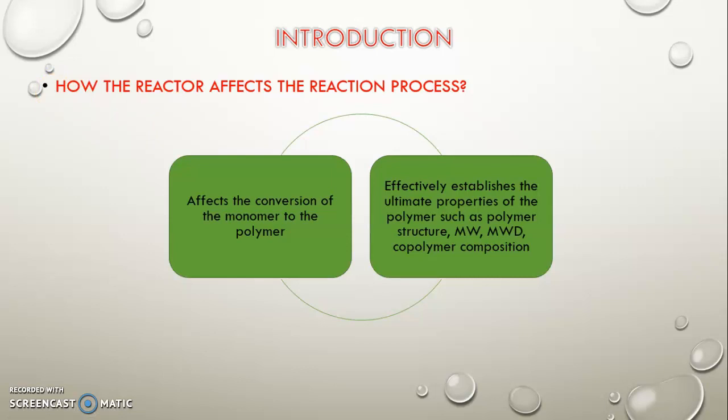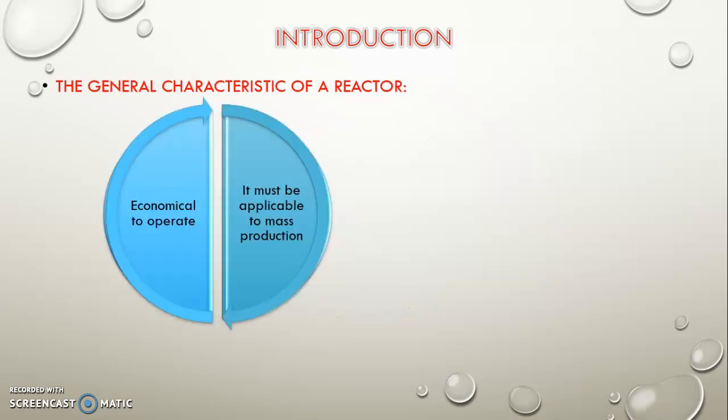So antara 3 ni kita akan tengok yang mana yang paling terbaik yang boleh menghasilkan high conversion ataupun high yield of the polymer. Then reaktor ni juga dia akan effect polymer structure. Okay, sama ada dia punya conformation dari segi tacticity dia, high molecular weight ke low molecular weight ke, dia punya polydispersity index, molecular weight distribution dia. Okay, so itu semua akan effect penggunaan reactor.